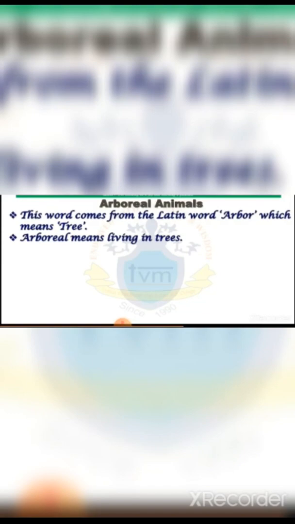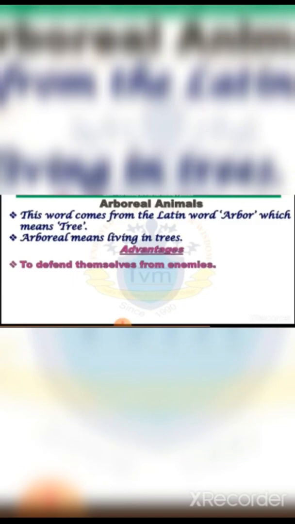What are these? Being at a height, they are better able to defend themselves from their enemies. Means they can protect themselves from the enemy. As the trees are high, they can see the enemy from far away, and they are protecting themselves from the enemy.